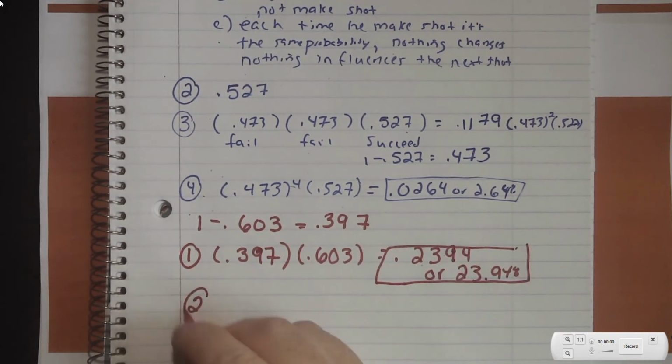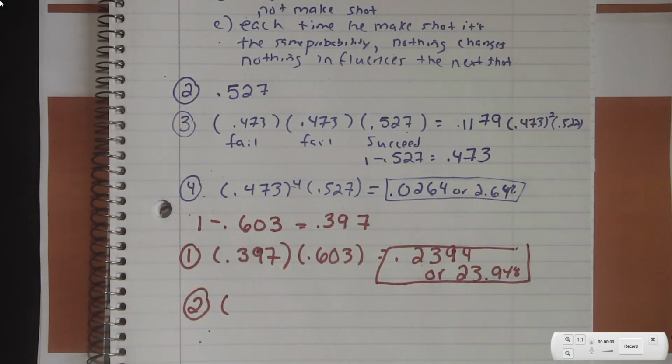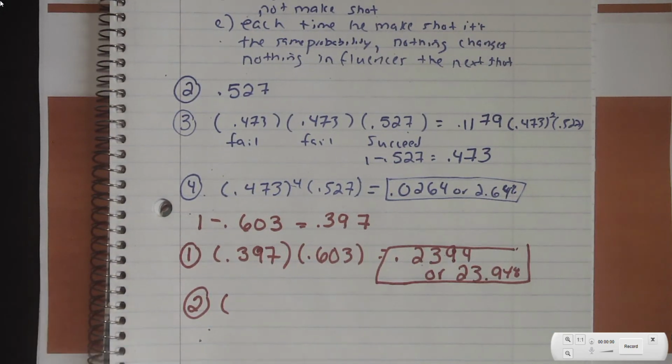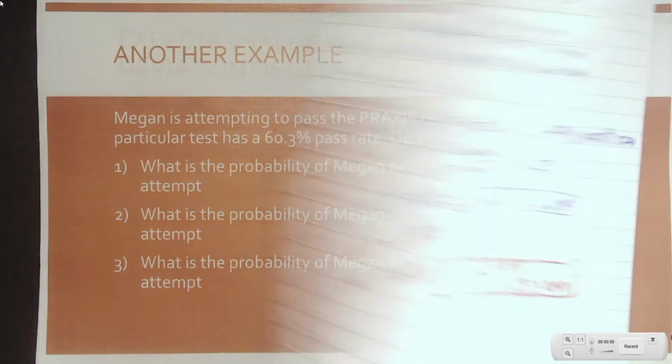Now, what is the probability of waiting until the second attempt? Sorry, not the second attempt, the fifth attempt, rather.